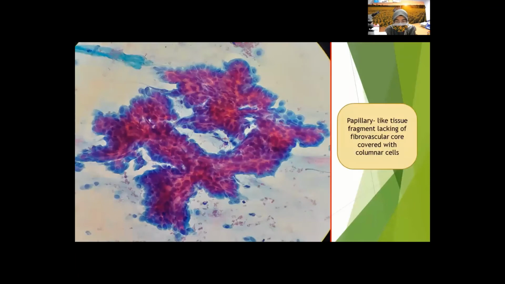So this is the papillary fragment. Because the core is not really appreciable, you can see that there is a possible core here. So it looks like a papillary fragment, and the lining epithelium is more of columnar type.